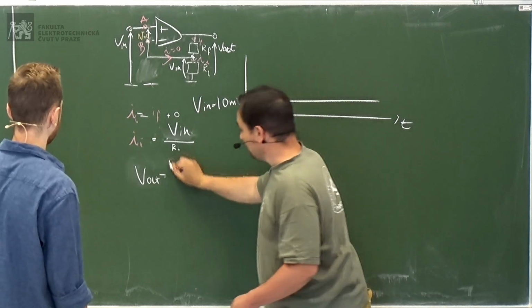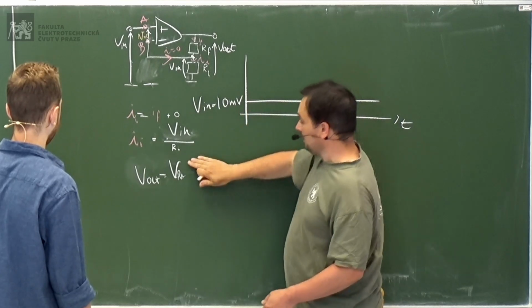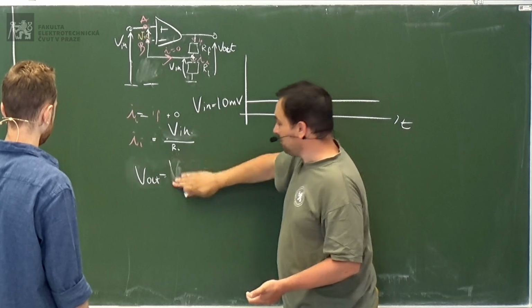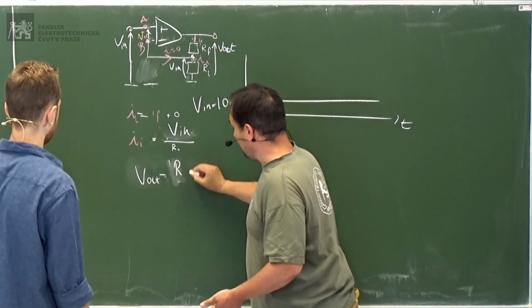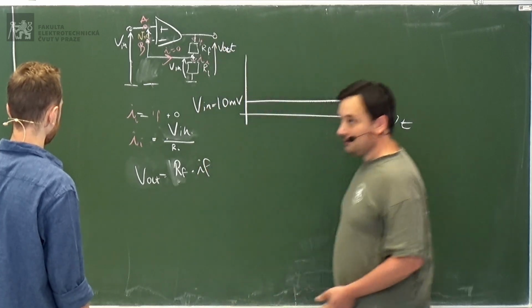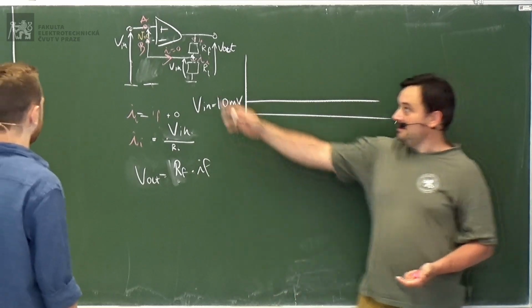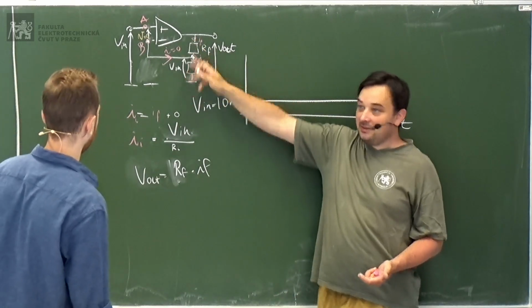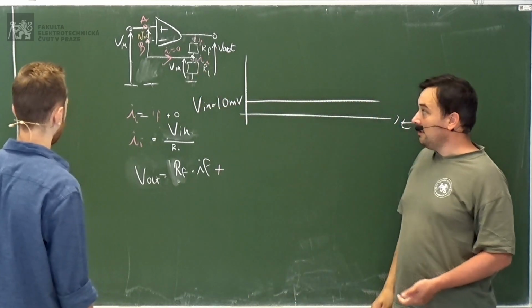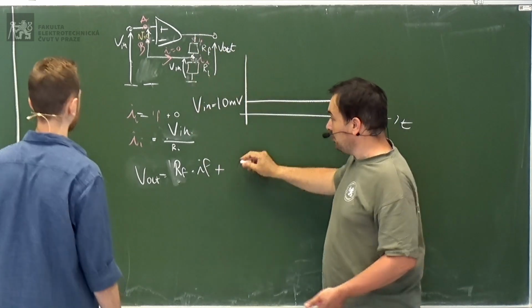The voltage on RF is IF, the current, times RF, so RF times IF. Plus the voltage on RI, which is Vin.